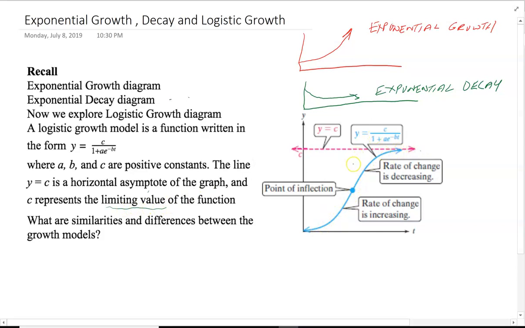Looking at similarities and differences between the models, exponential growth and logistic growth both rise, whereas exponential decay is falling, flattening out to an asymptote at 0. Logistic growth flattens out to an asymptote at c at the top.